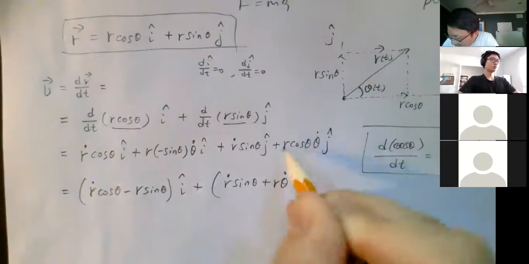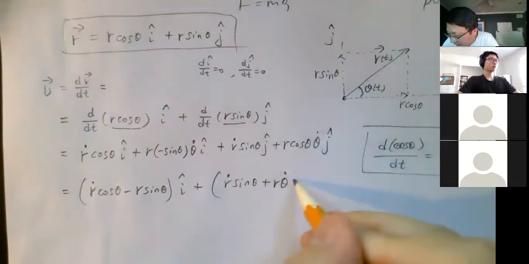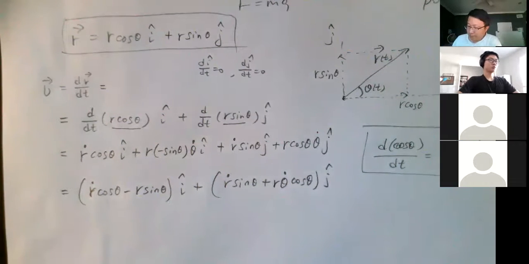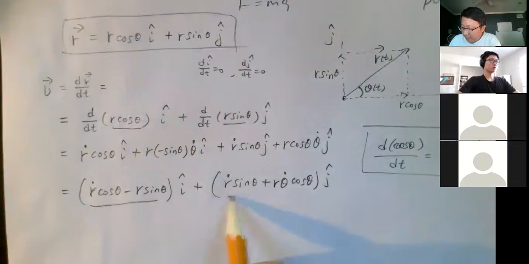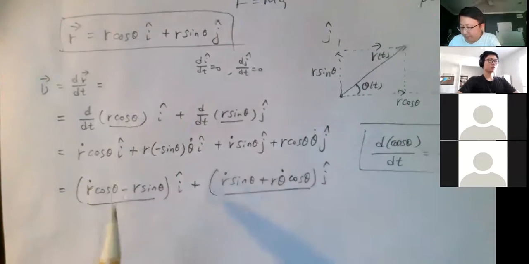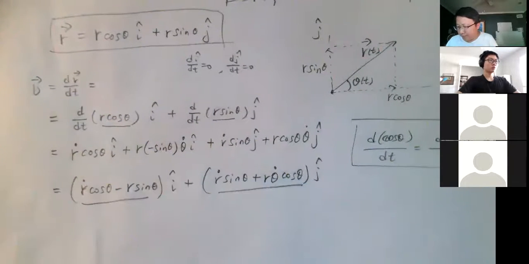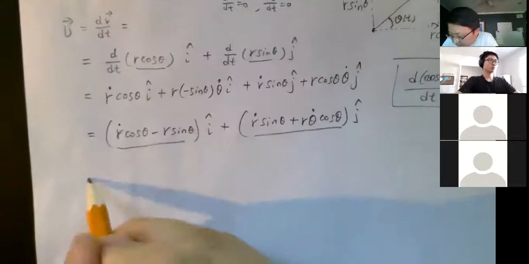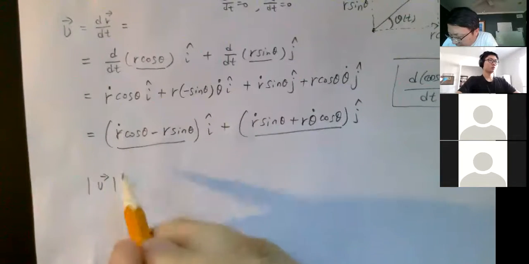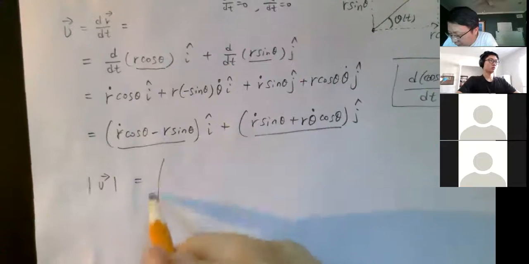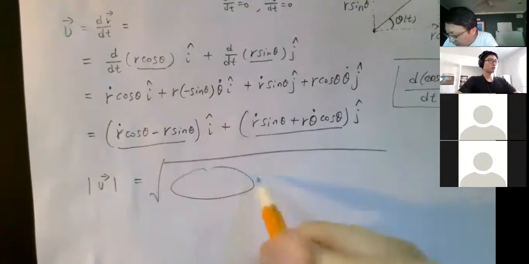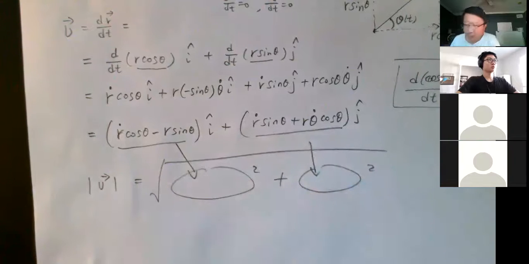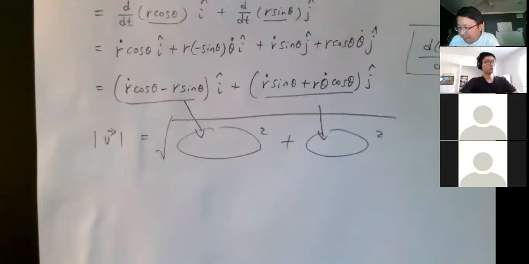Let me move the dot on the top of theta because theta is not within the cosine theta j. X component, y component of the velocity. So then the velocity amplitude equals this squared plus this squared, and you put in. I don't want to write it anymore. Okay. Cool.